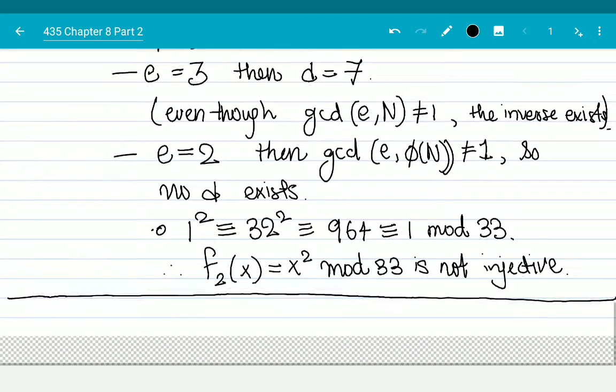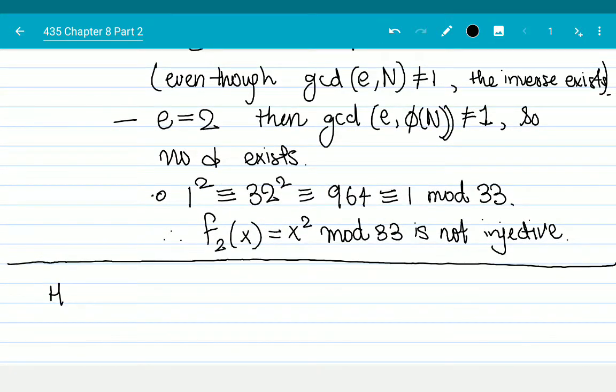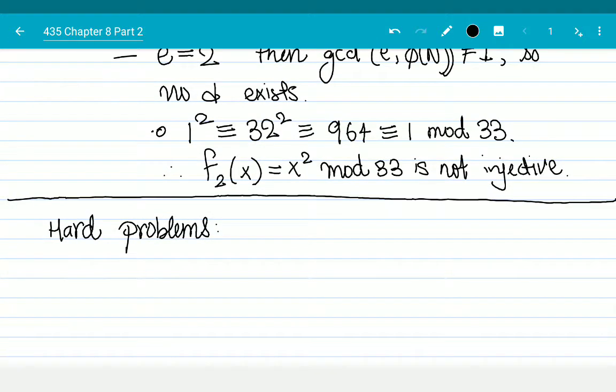So far, we have only discussed easy number theoretic problems.